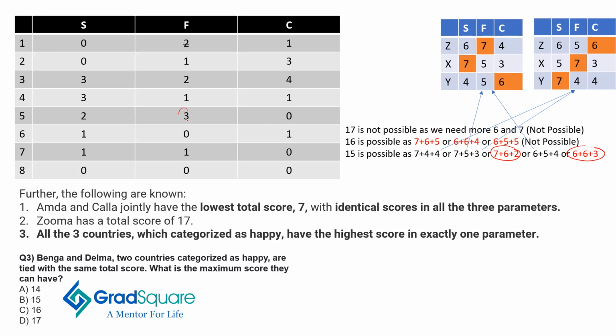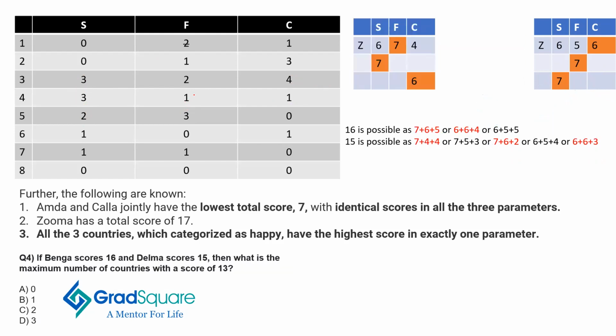Yeah, that's possible. You can have a 4 here. Yes. And you can have a 3 here. That's also possible. So that tallies. And then if you have 5, 7, 3, that also tallies, because there are 2 5s here. So that's possible. A 3 is possible, and 4, 4 is also possible, because there can be 1 4 here and another 4 here. So both these cases are possible. So the answer for this is going to be 15.